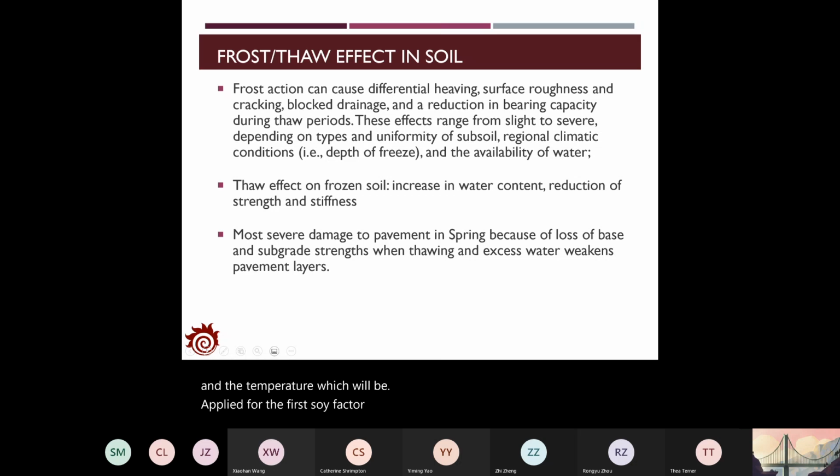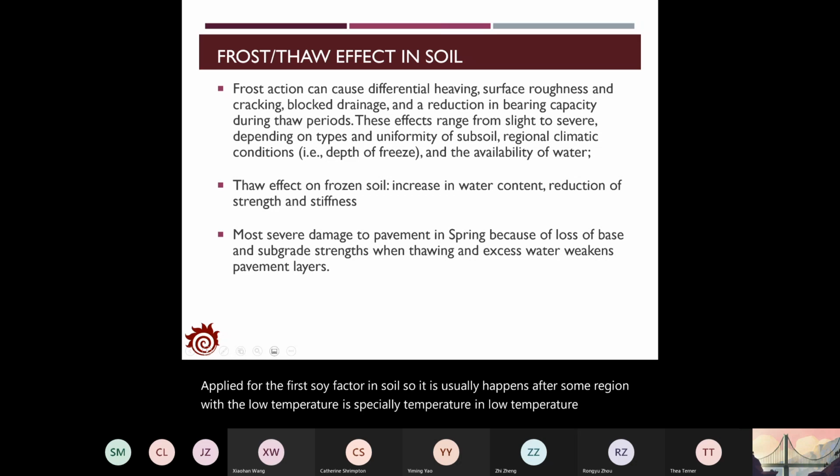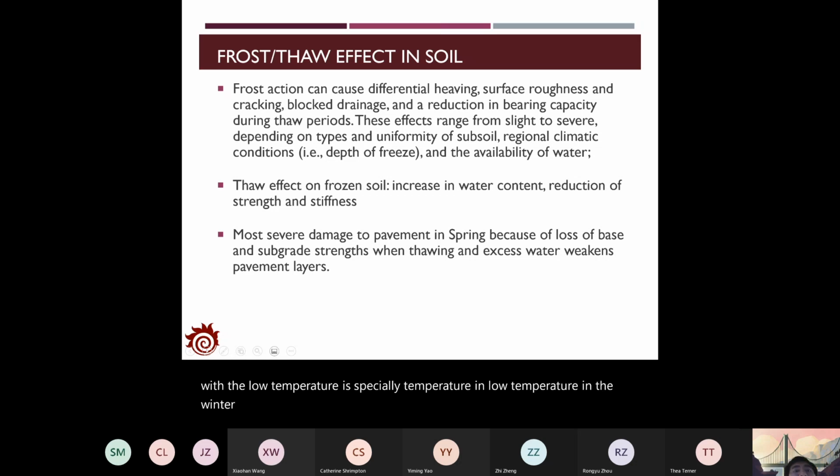So it usually happens in some regions with low temperature, especially low temperature in the winter season. The frost action will usually cause differential heaving.